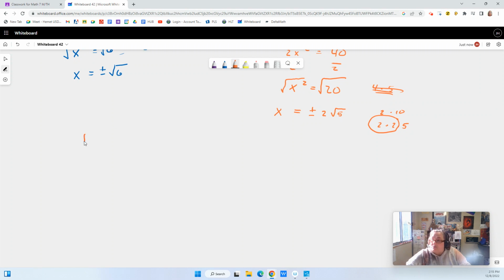The problem itself is 1/4 x squared minus 9 equals 0. Yeah, you're going to move the 9 over first, and then you just multiply both sides by 4. Okay, I just wanted to make sure before I skipped over that one.